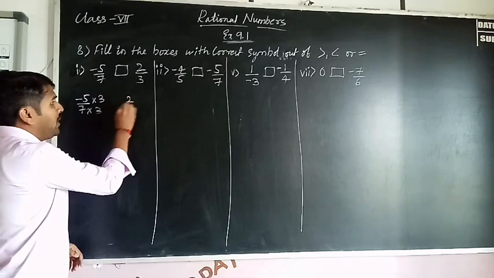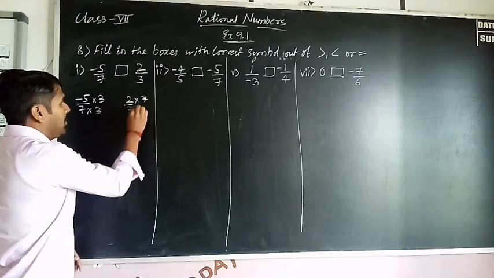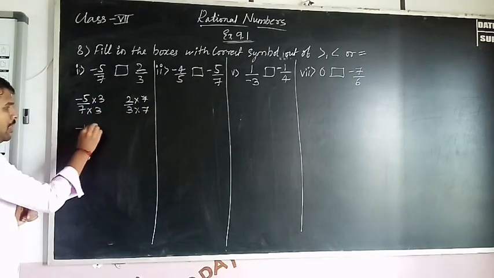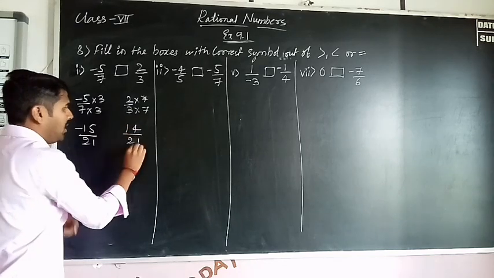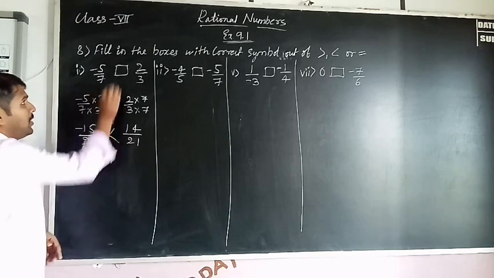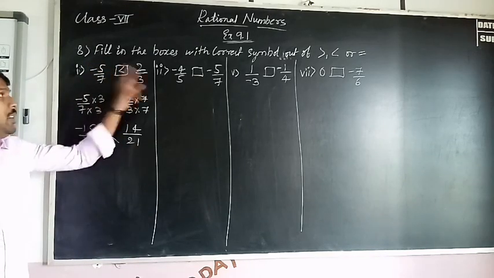Next, 2 by 3 is there, so multiply here by 7. Minus 15 by 21, 14 by 21. So which one is greater? Obviously 14 by 21. So the answer is smaller than. Minus 5 by 7 is smaller than 2 by 3.